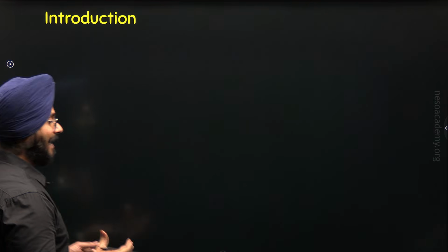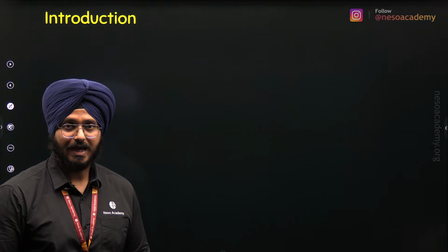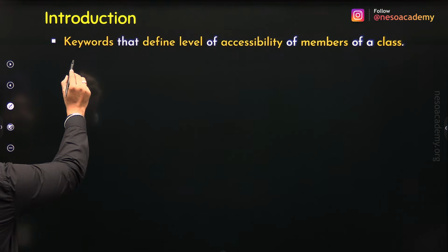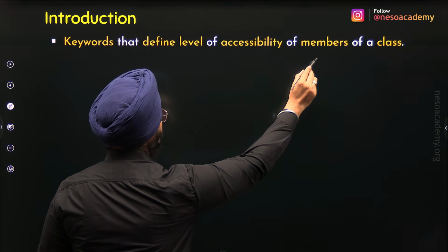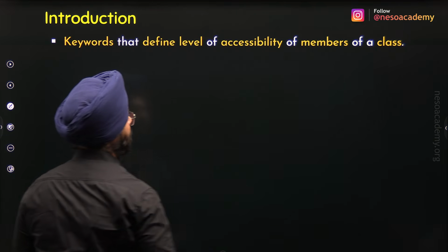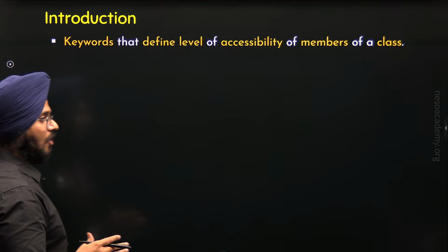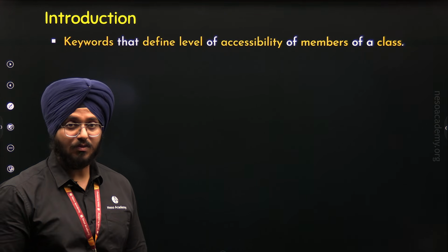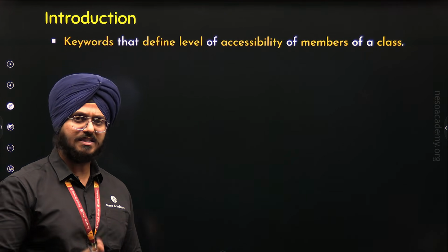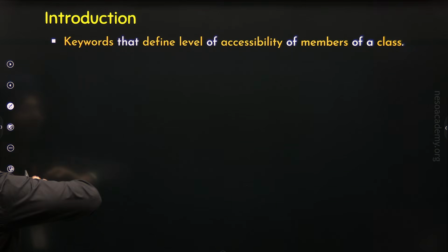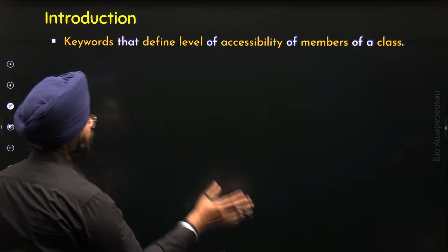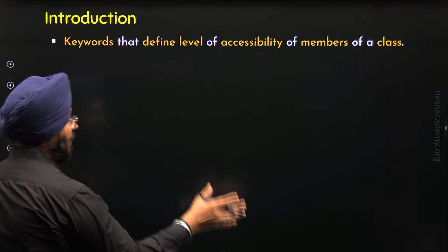So what are access specifiers? Access specifiers are keywords that define the level of accessibility of members of a class. We already know about the private and public keywords. These are access specifiers only. These are the keywords that define the level of accessibility of members of a specific class.